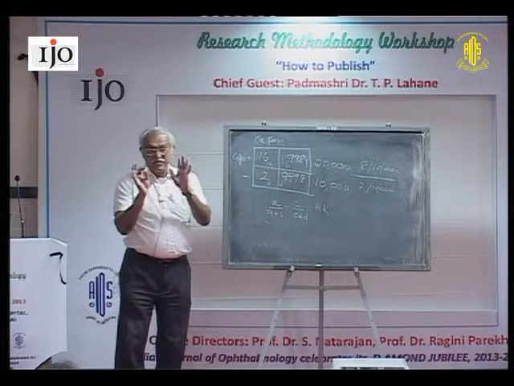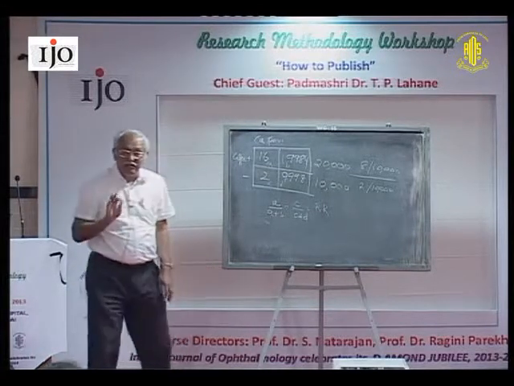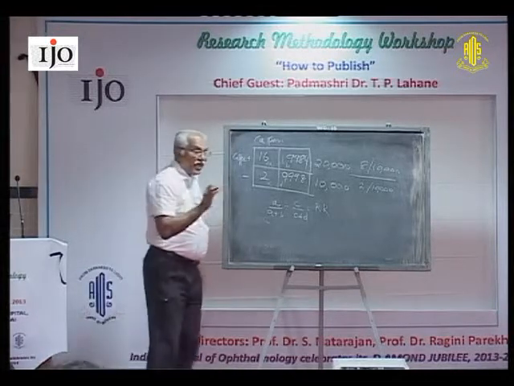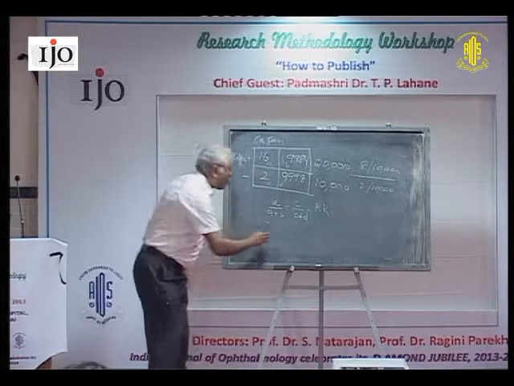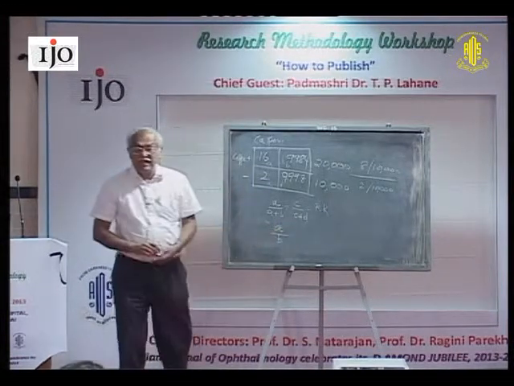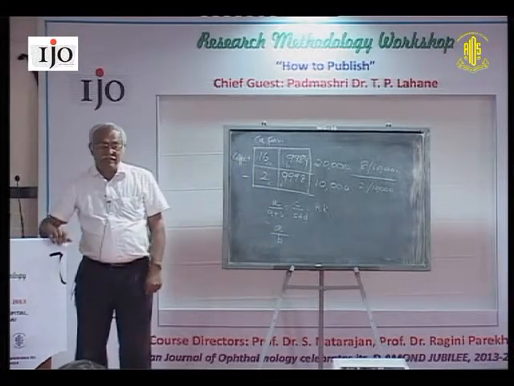I'm going to make a proposition. Okay, and you should be very suspicious of all people who make propositions. Watch it. I'm going to say A by A plus B is almost equal to A by B, provided A is small as compared to B. Would you agree with that?